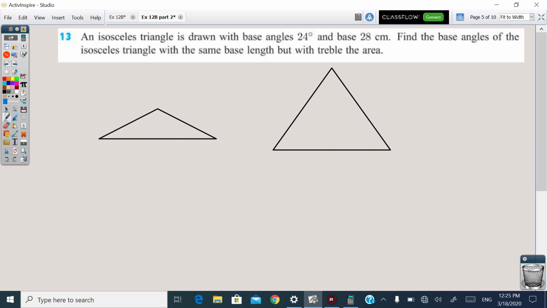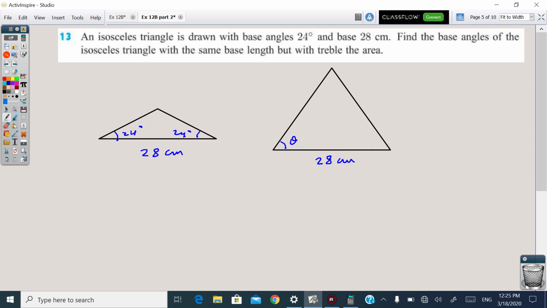Let's put the information that we have. This is 24 and this is 24 degrees. The base is 28 centimeters. Here, the base is also 28 centimeters. We don't know the angle theta.